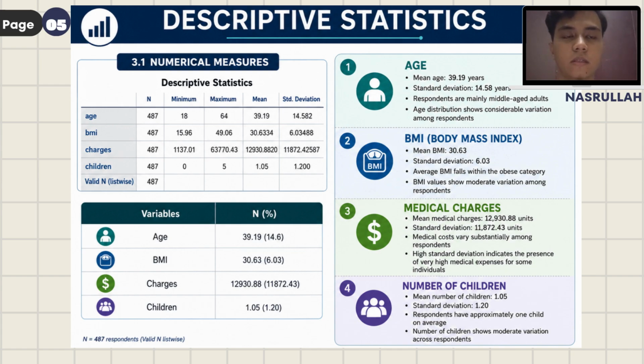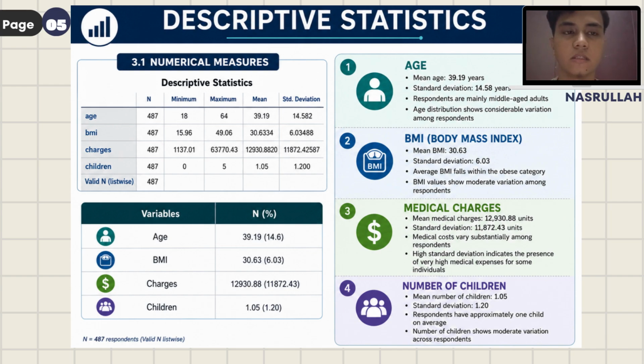This slide presents the descriptive statistics for 487 respondents. The average age is 39.19 years, indicating that most respondents are middle-aged adults. The average BMI is 30.63, which falls within the obese category.